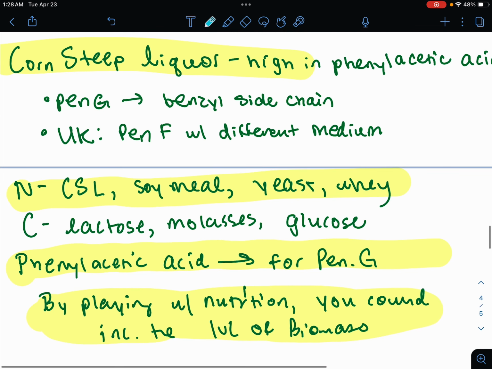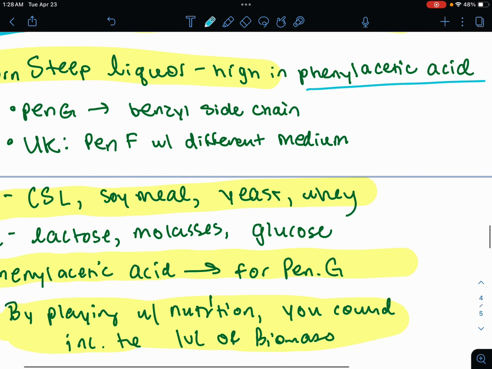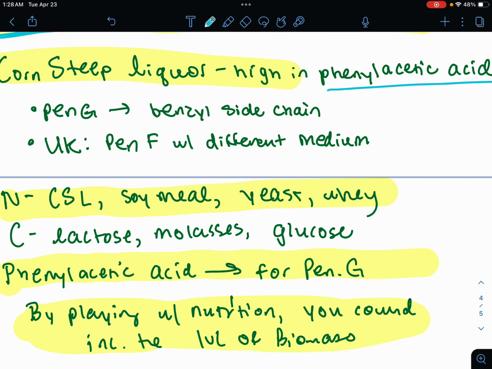If you're using something like corn steep liquor, this has a lot of phenylacetic acid, you're going to get penicillin G. Penicillin G has a benzyl ring as a side chain. Okay, and British fermentation, of course in the UK, they used a different medium and they got penicillin F. It doesn't have a benzyl side chain.